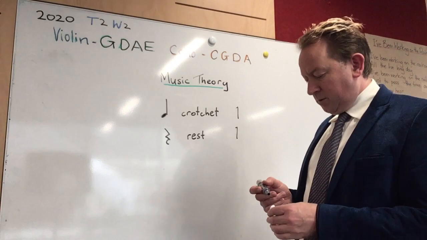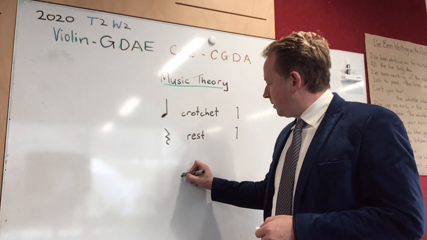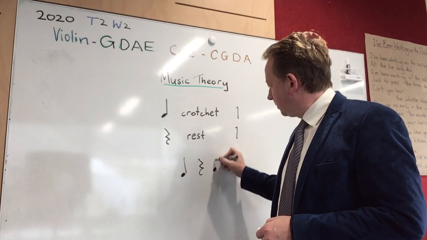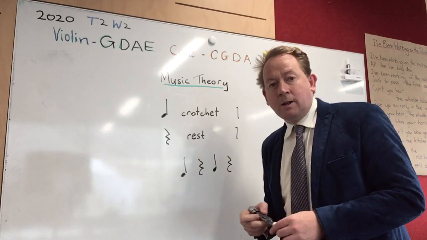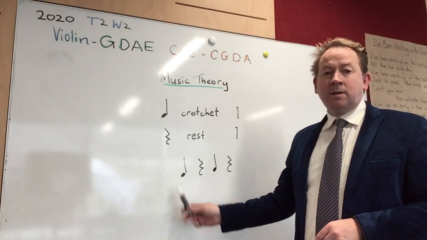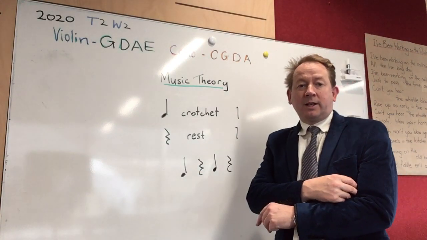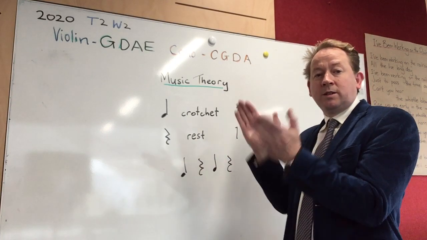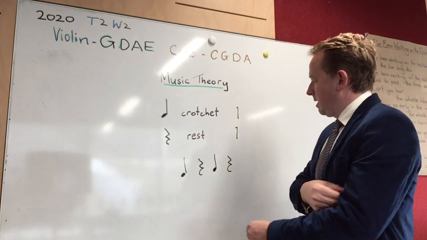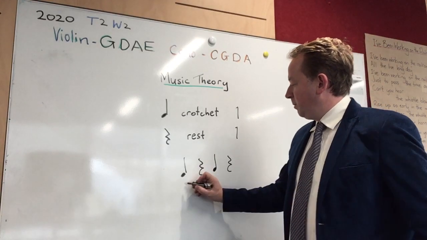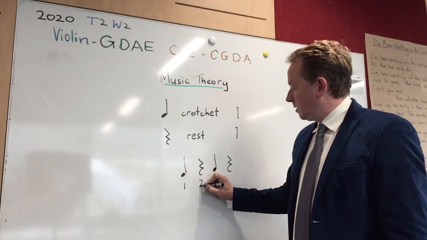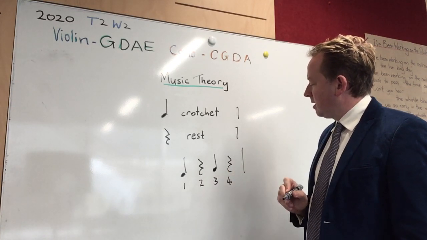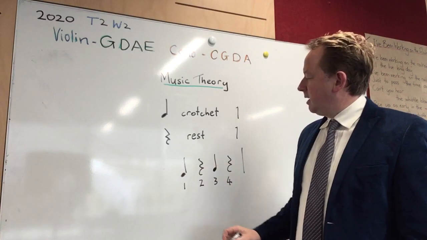So for example, let's clap this rhythm. Starting here, we're going to clap the rhythm, and I count to 4. 1, 2, 3, 4. Rest, rest. If I put the numbers of the beats underneath, 1, 2, 3, 4, bar line, that makes 4 beats.